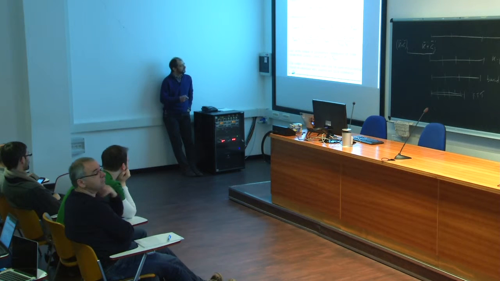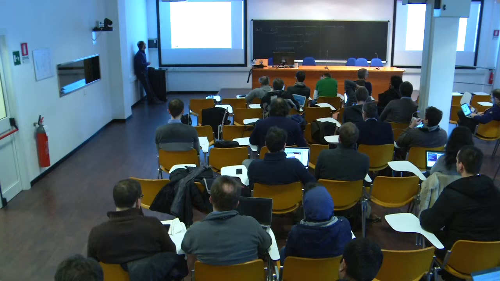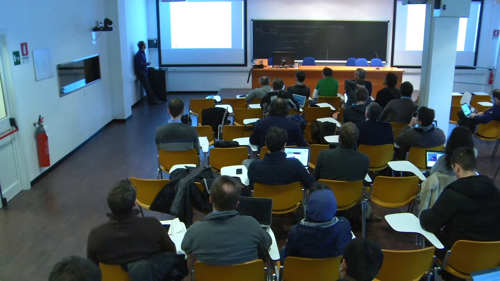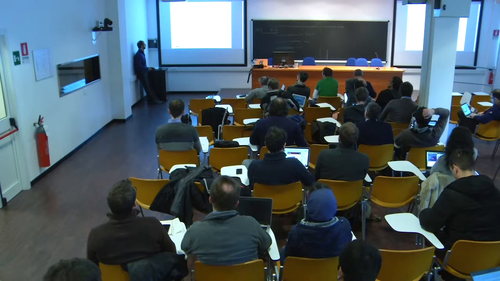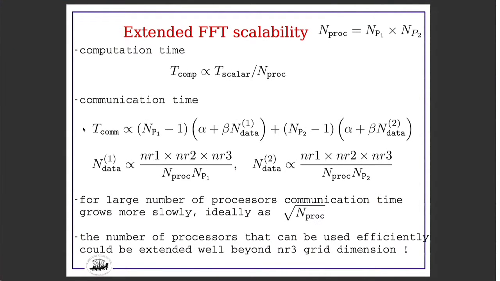You have to do the communication twice, but each is done on a smaller number of processors, because the total number of processors is the product of these two. So ideally, if you have a very large number of processors and you can exploit this fully, the communication time should grow like the square root of the number of processors rather than the number of processors.